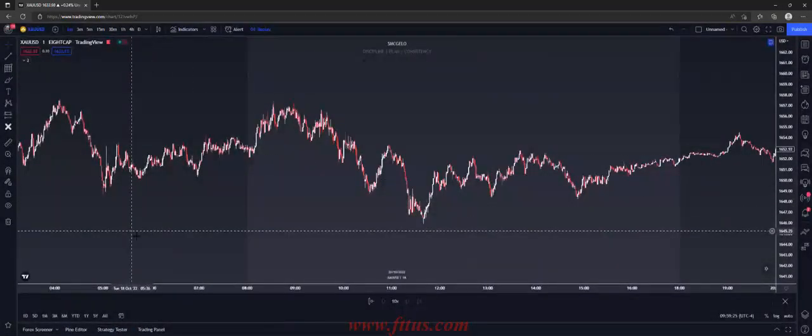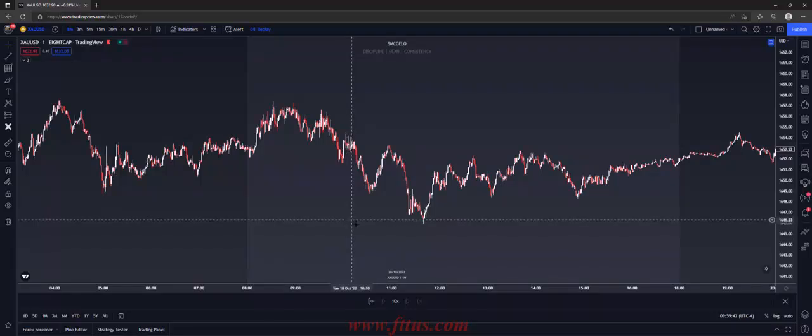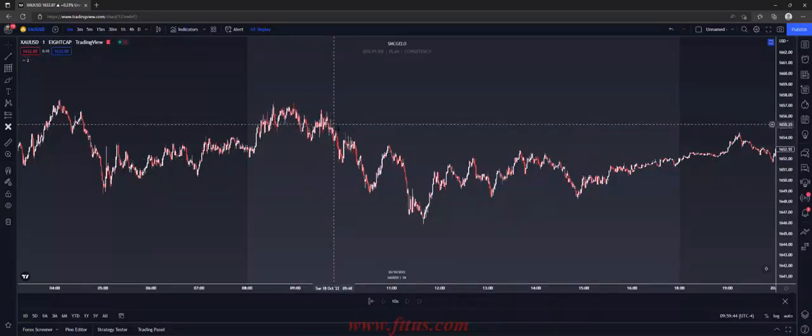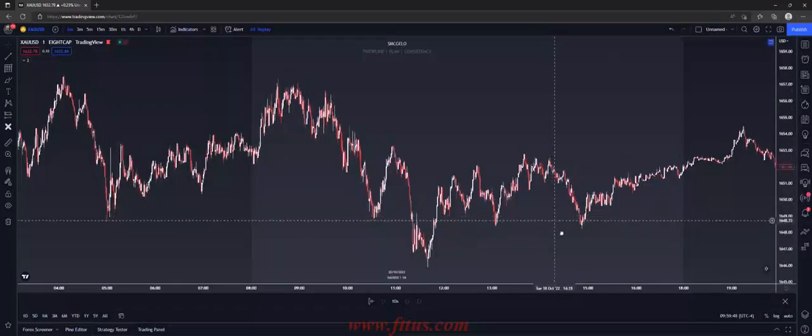Let me look at my phone really quick, guys, because I got some bad memory and I do not remember where I took this setup. Gold, sell, 1018. Okay. 1653. Boom. Okay, here we go.